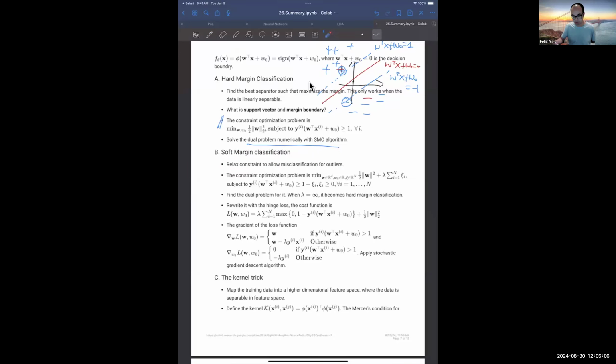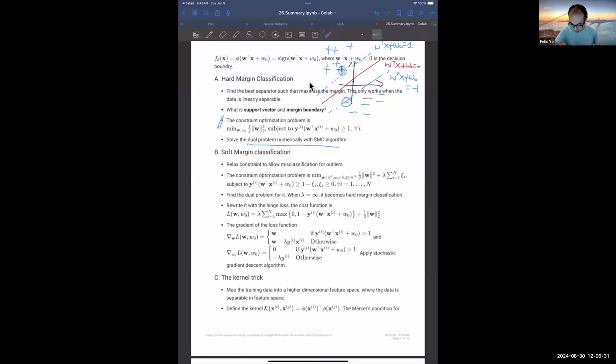So we introduce this slack variable, xi, to allow those points to move across the margin boundaries. This is basically the distance by which these points can cross the margin boundaries, which is xi.